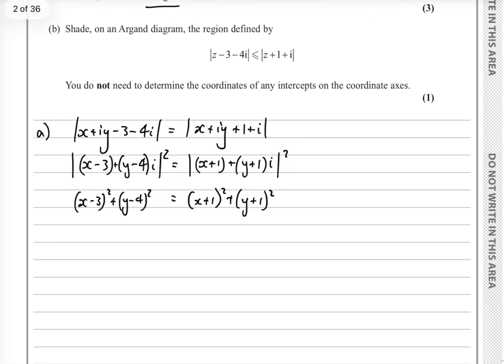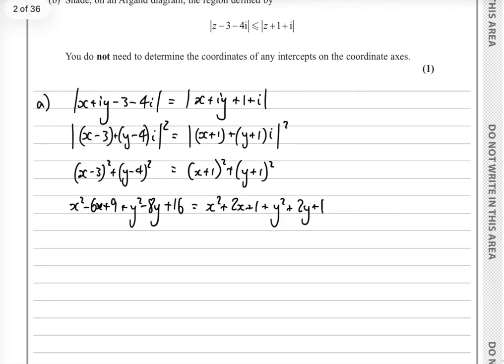Then we can expand everything and collect. Eight y plus 16, x squared, y squared. And bringing them all together, we can see that the x squareds cancel, the y squareds cancel.